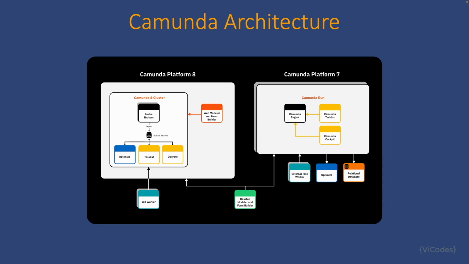Camunda 8 is a cloud-ready solution, while Camunda 7 is more of an embedded solution. Camunda 8 works on the Zeebe worker pattern, while Camunda 7 has Java delegate and the external task pattern majorly. Zeebe exports all event logs and transaction data to an Elastic database, while the Camunda engine in Camunda 7 uses a relational database. One more difference is within the dashboard: Camunda 8 has Operate while Camunda 7 has Cockpit.